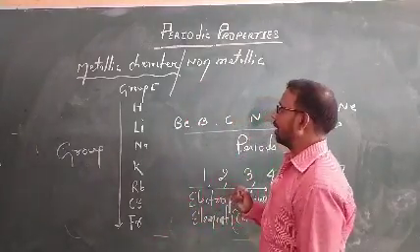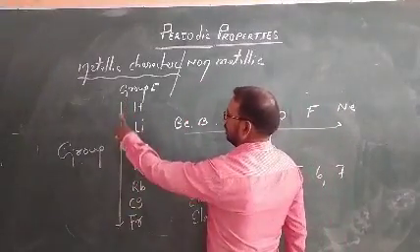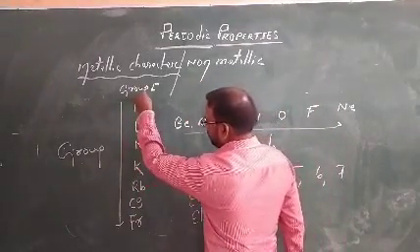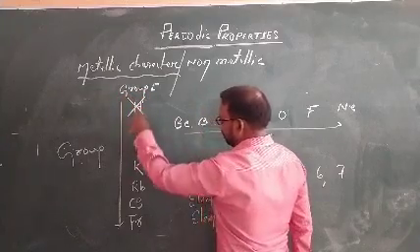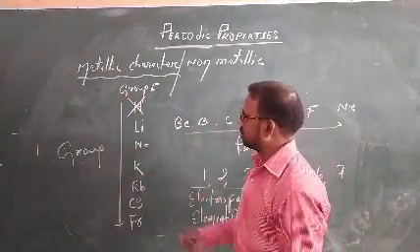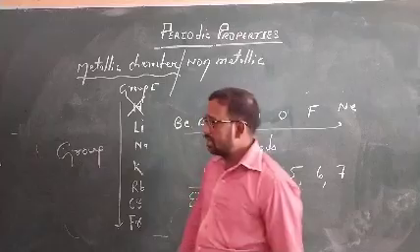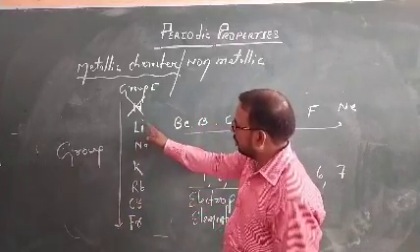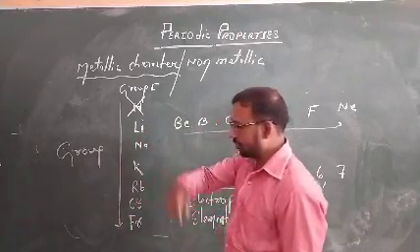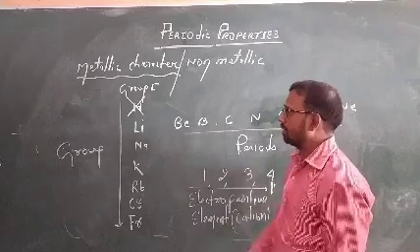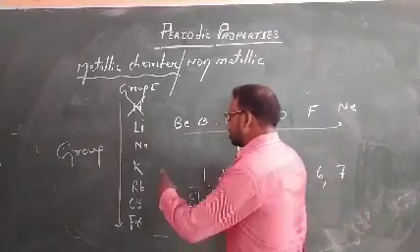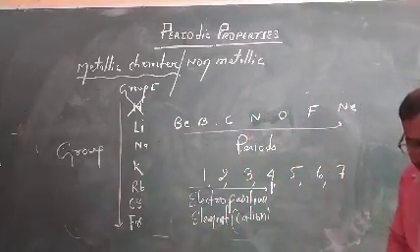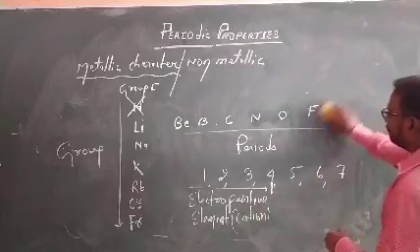Suppose we are going to talk about this one. Hydrogen is not a metal, but it is placed in the first group. So we are not going to talk about hydrogen, but after that we will talk about lithium, sodium, potassium, rubidium, cesium, francium in the group. Suppose I am writing the electronic configuration of lithium.